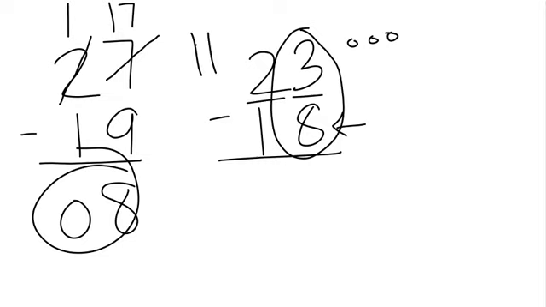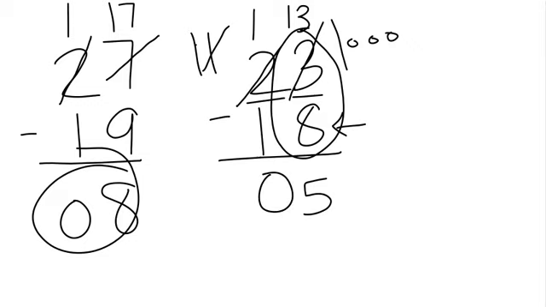So we are going to take this 10 and we're going to move it over here. That means we are left with 1 10 and 13 1s, okay? 13 minus 8 is 5 and 1 minus 1 is 0. So we're left with our difference, which is 5.